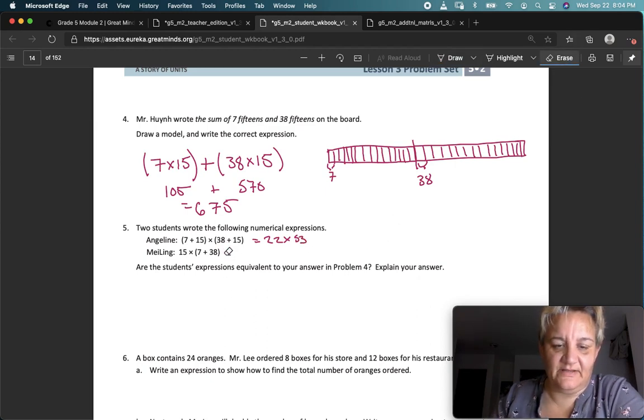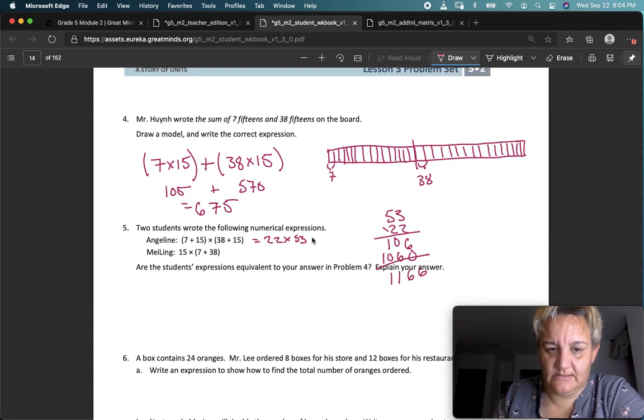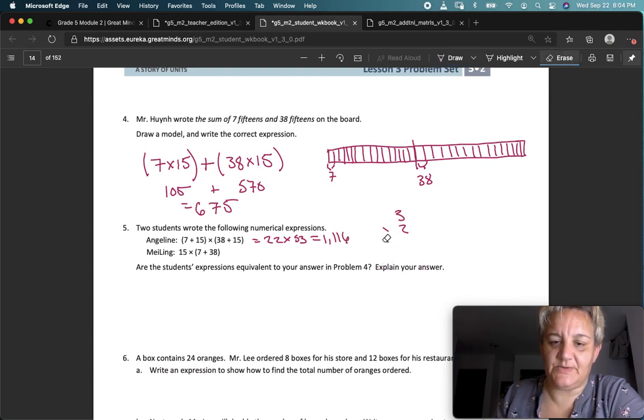And if we solve 22 times 53, 2 times 3 is 6, 2 times 5 is 10, drop a 0, 2 times 3 is 6, 2 times 5 is 10, 6, 6, 1, 1. Okay, well that one was way bigger than ours. Again, I'm erasing my work, but I'd like to see yours.